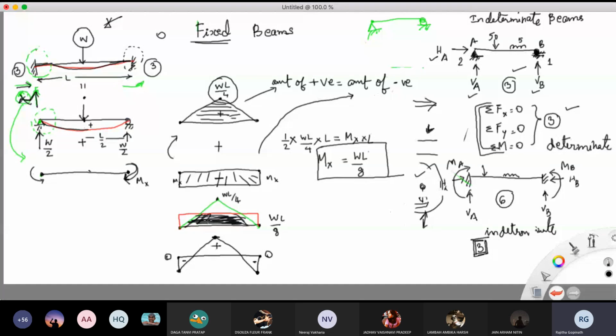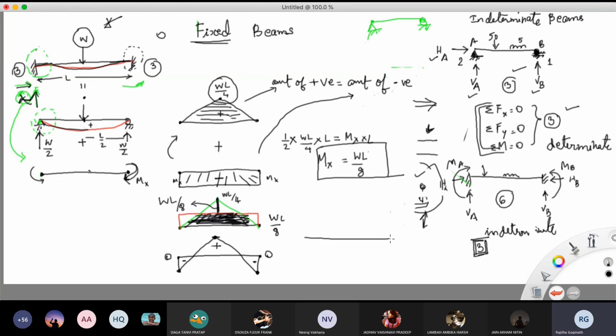Right? ये इतना एरिया मैंने नेगेटिव कर दिया, मतलब कट हो गया, तो क्या बचा? इतना एरिया बचा. So this area is going to be WL by 4 minus WL by 8. So this is going to be WL by 8 again.